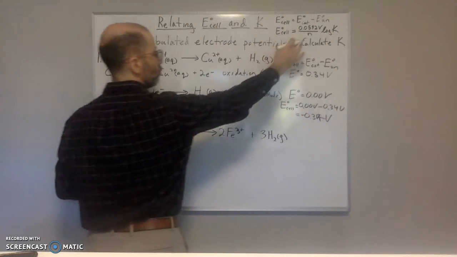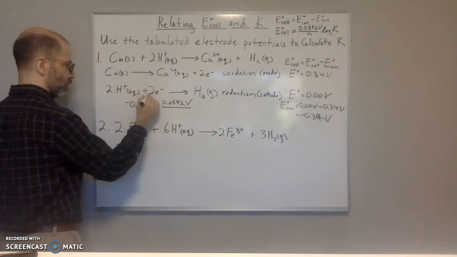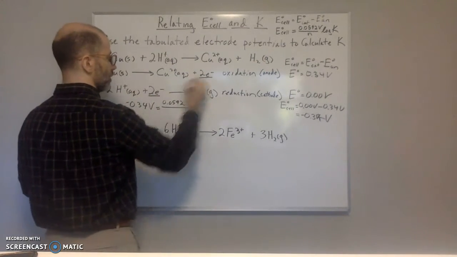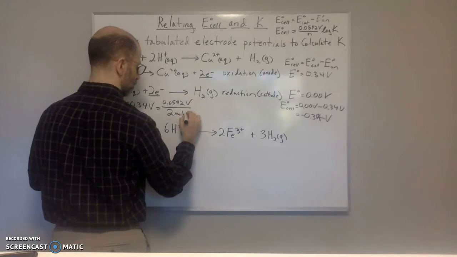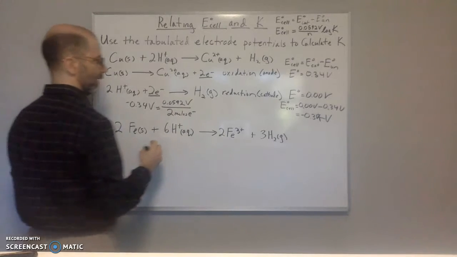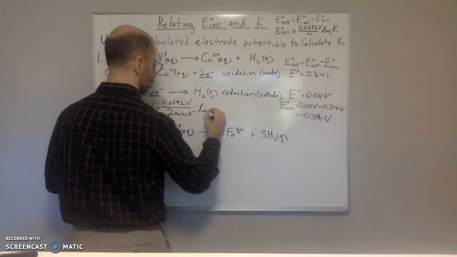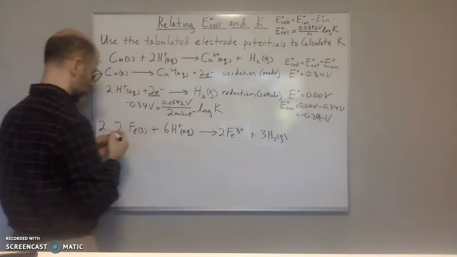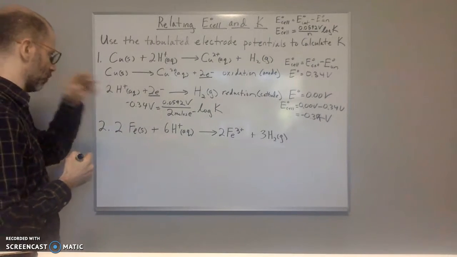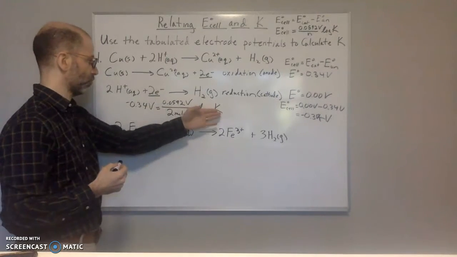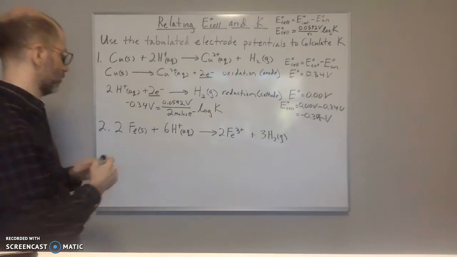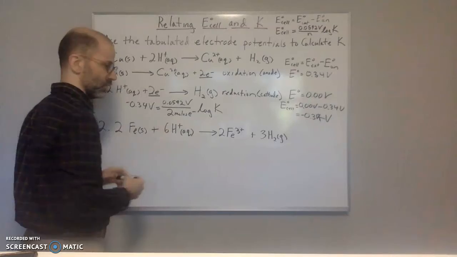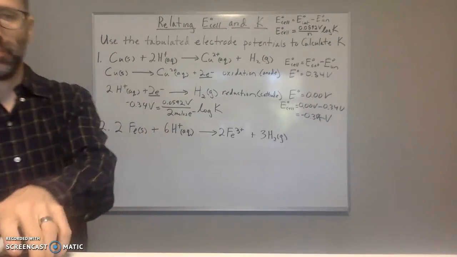The number of moles of electrons being transferred is 2 moles of electrons. So that's going to be 2, and that's going to be the log of K. So all you need to do now is solve for K. So if we do that, if I use my calculator.